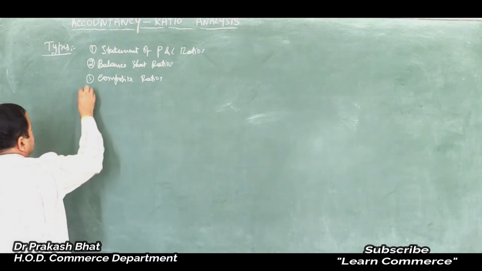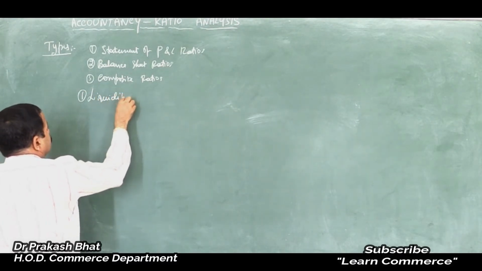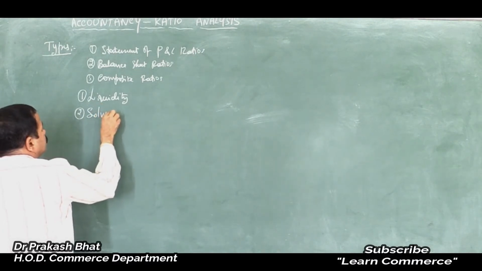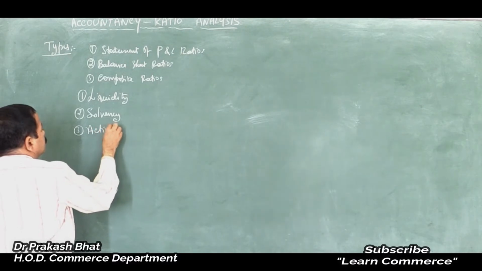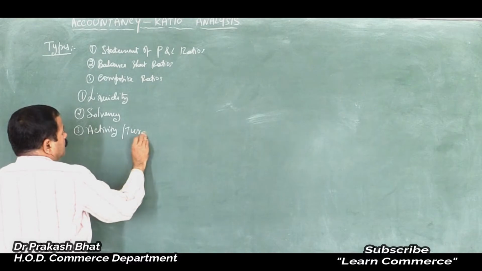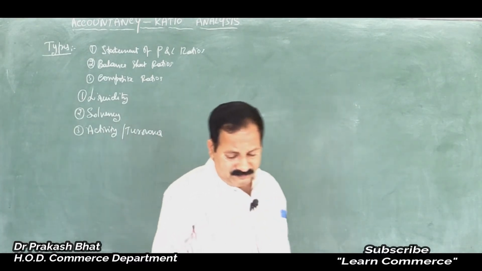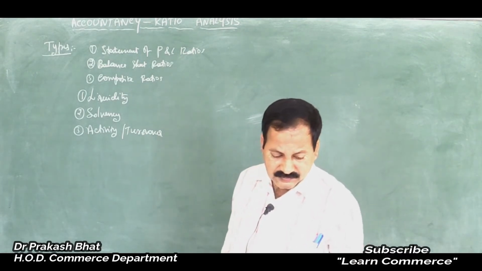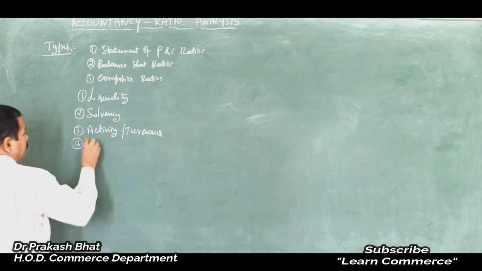First one is liquidity ratio, second one is solvency ratio, third one is activity or turnover ratio. Turnover means sales. Then profitability ratios.